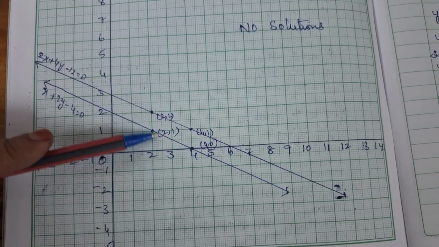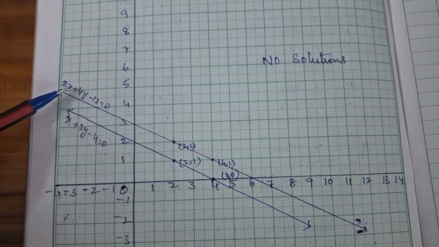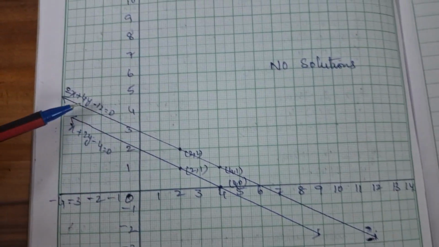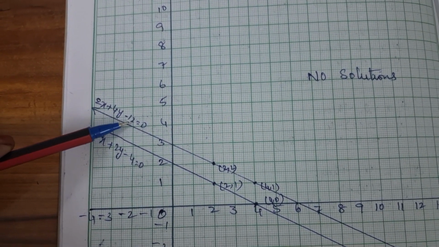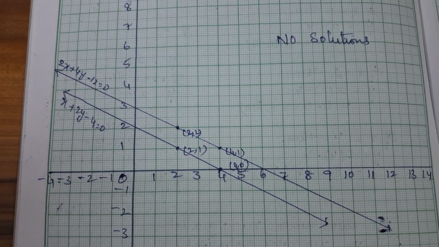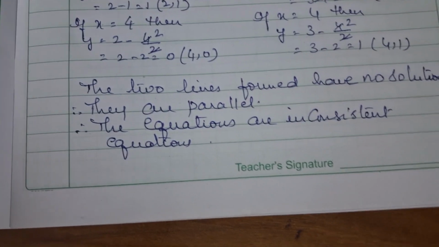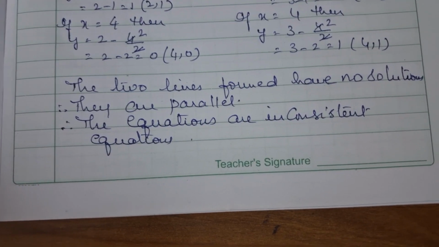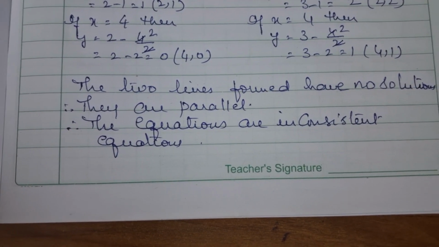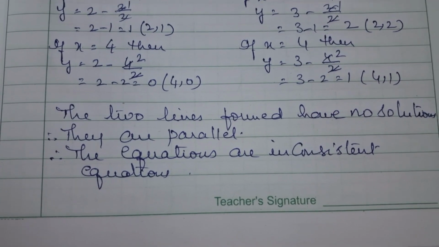And for the second one, 2 comma 2 is this one, and 4 comma 1 is this line. This is the line that I have got for 2x plus 4y minus 12 is equal to 0. So these are also parallel lines, so there are no solutions for it. So what you will say, two lines formed have no solution, so they are parallel. The equations are inconsistent equations.